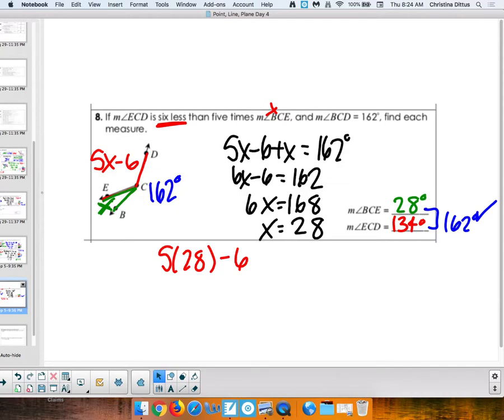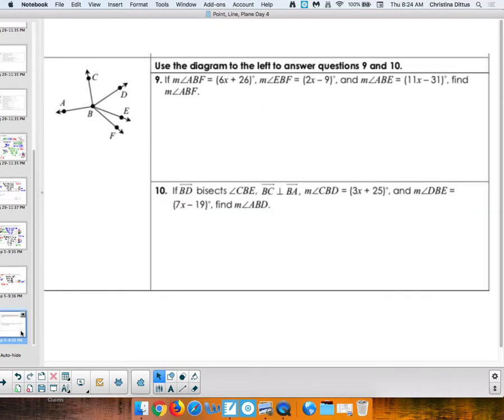Now we add on one more thing. ABF, it tells me, is 6x plus 26. EBF, this tiny little thing right here, is 2x minus 9. And then it says ABE is 11x minus 31.